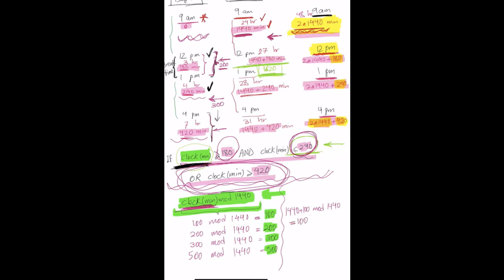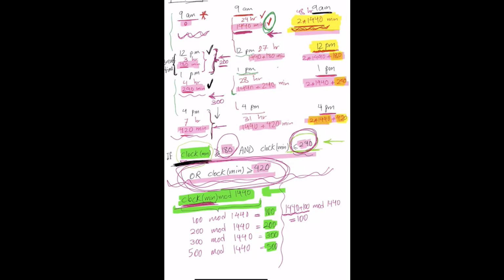So 1440 plus 100, whatever that number is, mod 1440 will see there is one 1440 inside this time. So that will be removed. Then whatever is left is 100 as the remainder, and that's going to be returned to me.